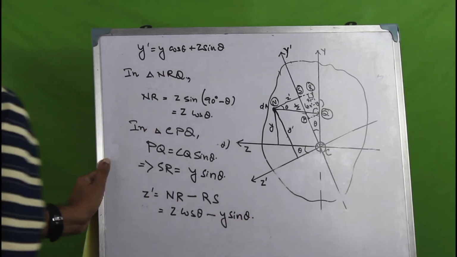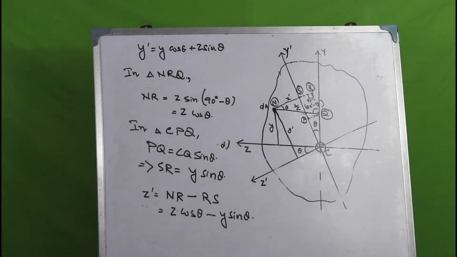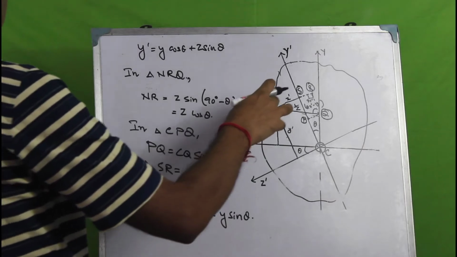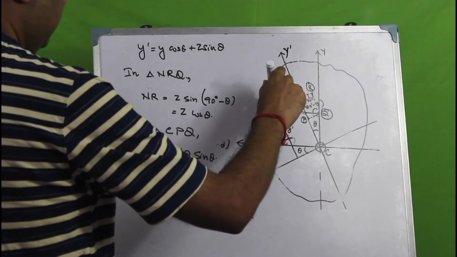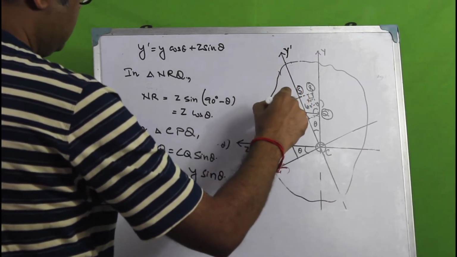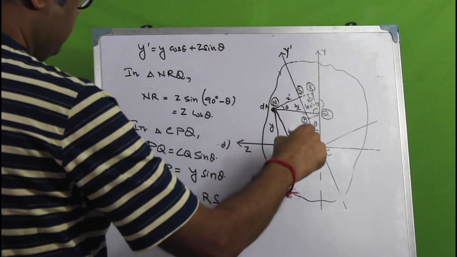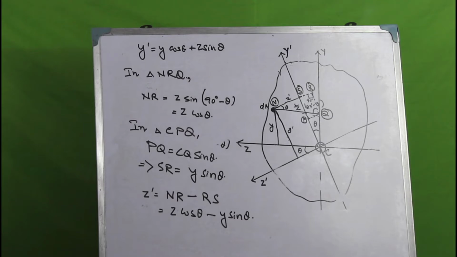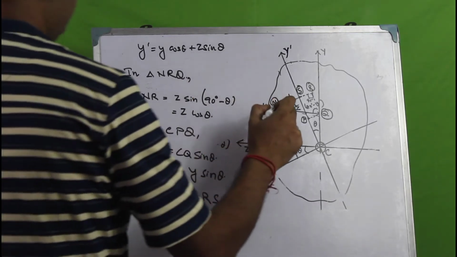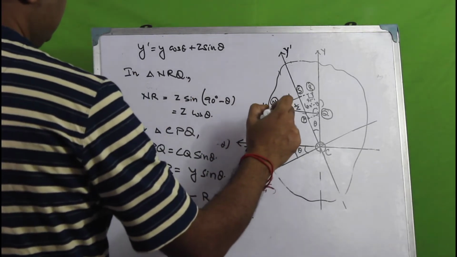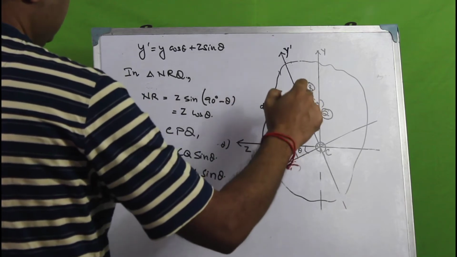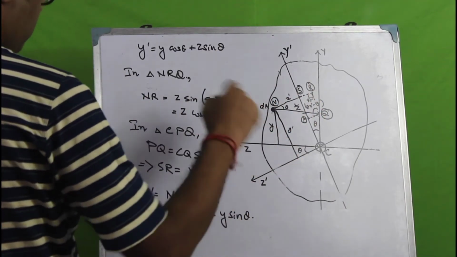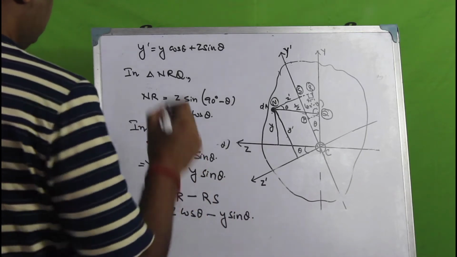So we have got another term, Y dash, which is the distance of this infinitesimal area dA from Z dash axis, expressed as Y cos theta plus Z sin theta. Similarly, the distance of this infinitesimal area dA from the Y dash axis is given in terms of Z and Y: Z cos theta minus Y sin theta.